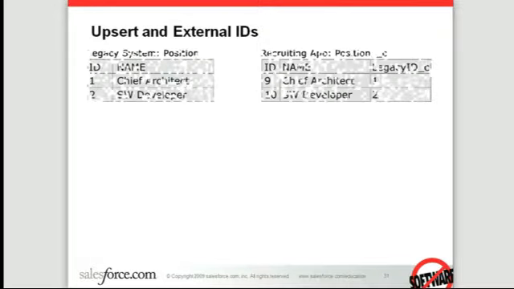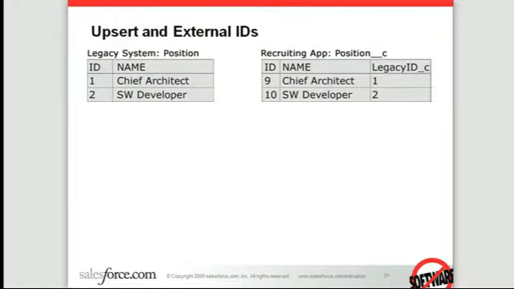So let's take a look at our legacy system and then our Salesforce.com recruiting app. Over on the left-hand side, we have our legacy system. We have a couple of positions defined within there: our chief architect and our software developer. Now the key in the legacy system is simply that number, 1 or 2. So we greatly simplified these keys.